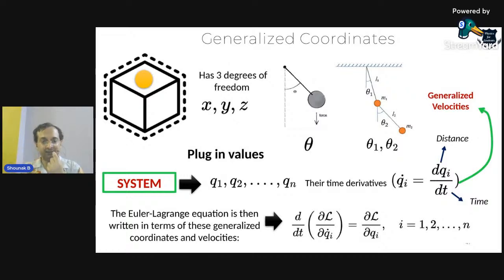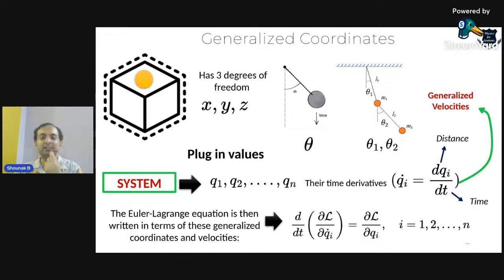If a system has n degrees of freedom, it has n generalized coordinates, and the state of the system is fully determined by the values of the generalized coordinates qi and their time derivatives. So the Euler-Lagrange equations are written for i equals 1, 2, 3, 4, and so on. I hope you can now understand why these generalized coordinates make things easier.